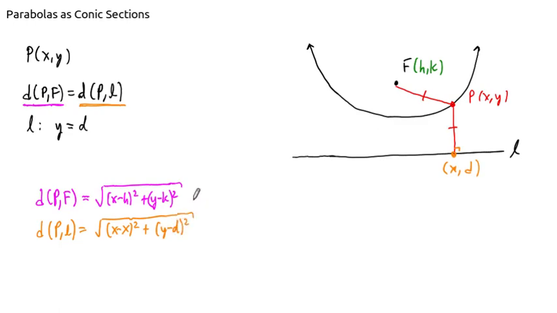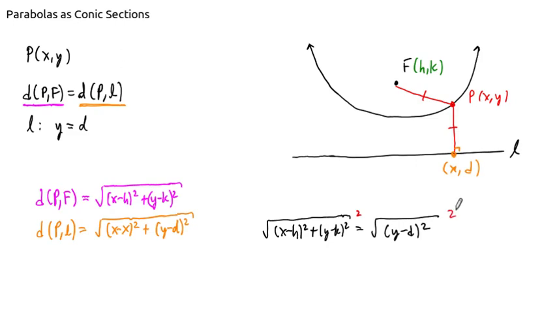And these are supposed to be equal to each other. So the equation we end up with is that the square root of (x minus h) squared plus (y minus k) squared should equal the square root of, well, x minus x is 0, so this just becomes (y minus d) squared. At this point we can square both sides to get rid of the square root.